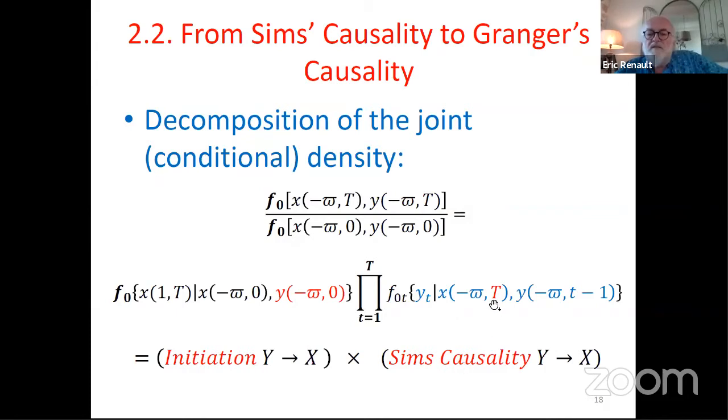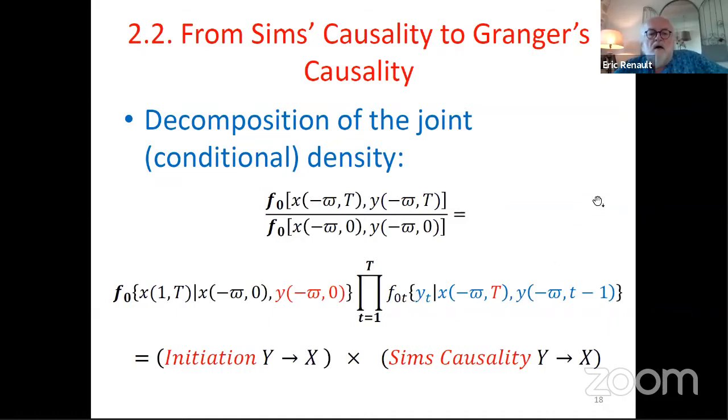This part is talking about Sims, to what extent the capital T is important, we could stop at T. There is also a small remainder term, which we have called initiation, which had not been considered before us, where you think about to what extent the initial values of Y are useful to understand the distribution of X. So in this decomposition, you are talking about initiation and about Sims causality.